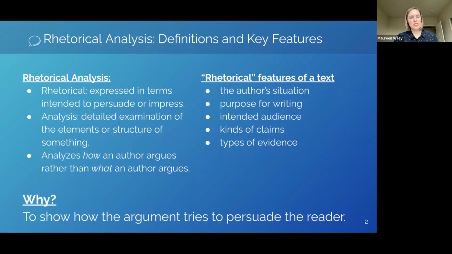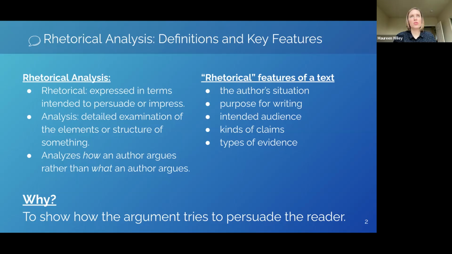And all of this is to show how the argument tries to persuade the reader. So you probably, as you were reading some of the reading assignments this semester, have felt either persuaded or recognized that you were not persuaded by the author's argument. In performing a rhetorical analysis, we're going to take a look at how the author successfully or sometimes unsuccessfully persuades their audience.